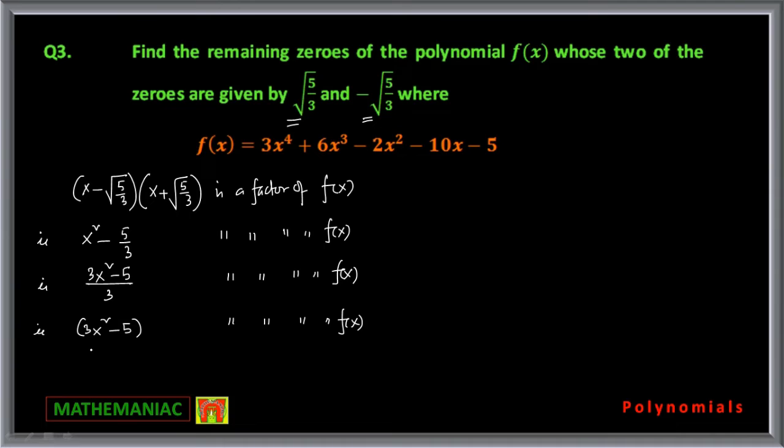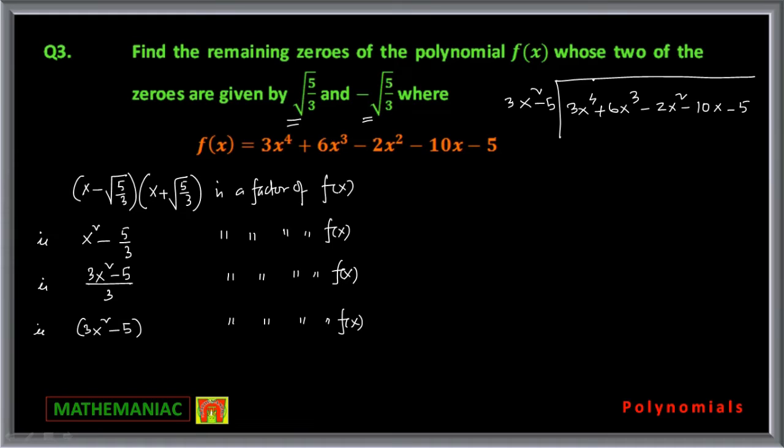Because if we can avoid the fraction, then our divisions will be easier. So now we have to divide the given polynomial by 3x square minus 5, and here is the given polynomial. So now do that.